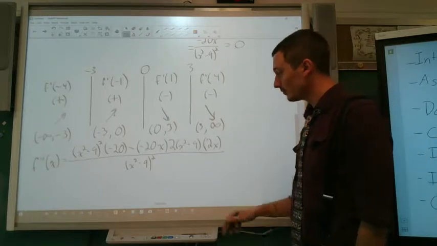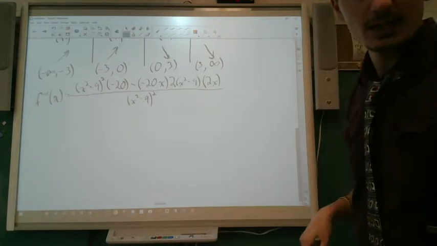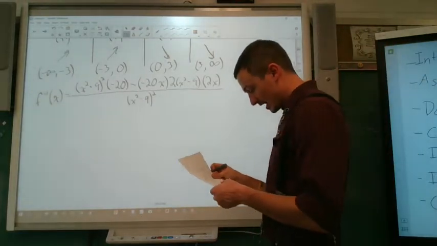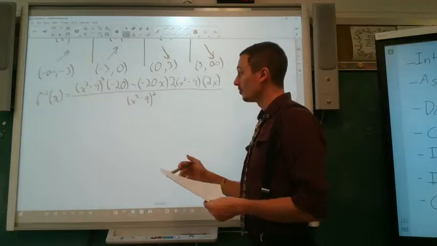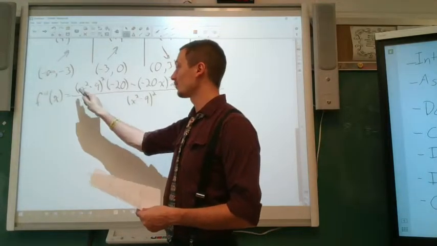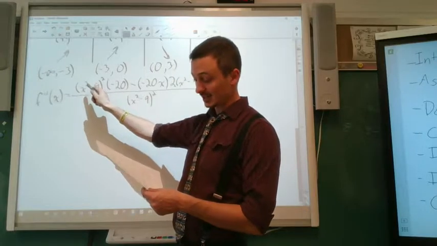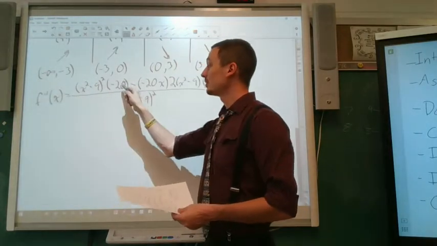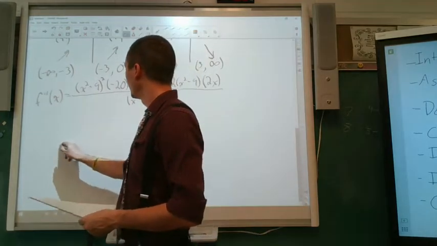Cool. That needs to be much prettier, and in an effort to save time, I'm just going to write what it equals. We would have to expand this first into x to the fourth minus 18x squared plus 81, then distribute the negative 20. I'll write it out.